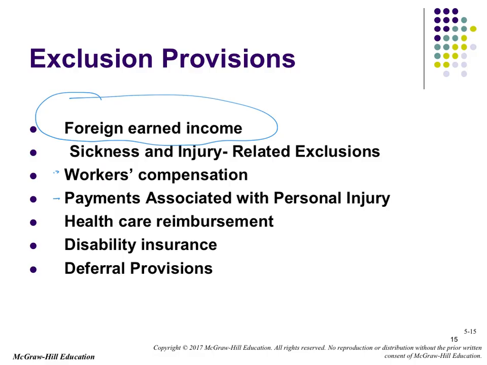Healthcare reimbursement, not taxable. And the key word there is reimbursement. They're just reimbursing you for something you've already paid. Disability insurance, we need to talk about this one in particular. Sometimes this is called wage replacement insurance. What disability insurance is designed to do is pay for wages lost if the individual misses work due to injury or disability.